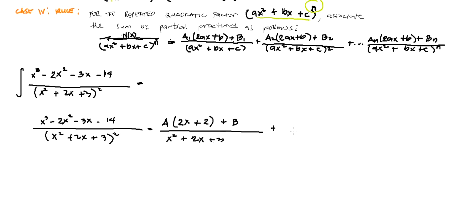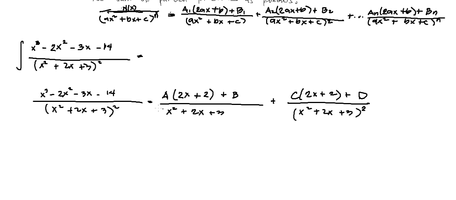Okay, then plus let's call our a2 letter c, then 2x plus 2 plus our b2, let's call it d, all over x squared plus 2x plus 3, then raised to 2. Okay, so we've already associated the partial fractions in our equation. So let's call this form our equation 1.